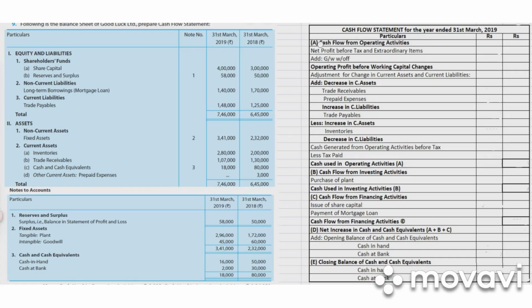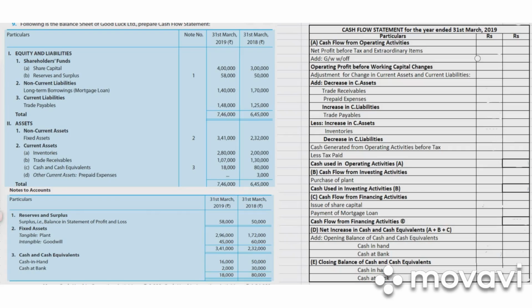You can see it here under the cash flow from operating activities: net profit before tax and extraordinary items. Here we have to consider the net profit. You have to take the current year's net profit after all the adjustments.